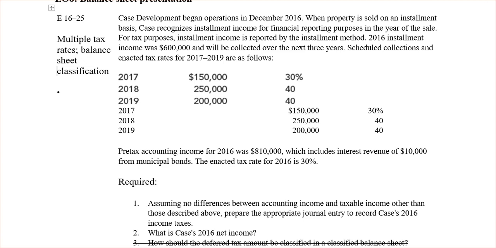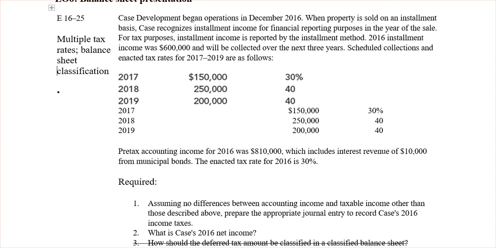All right, in 2016 also they're telling us the rate is 30%. So when we have something like this, which is going to be a timing difference of 600, another thing you ought to do is to make sure all that 600 is going away in these years. So that's 450, that's 1 plus 150, that's 600. Okay, so we see that it reverses. We see it's all going away.